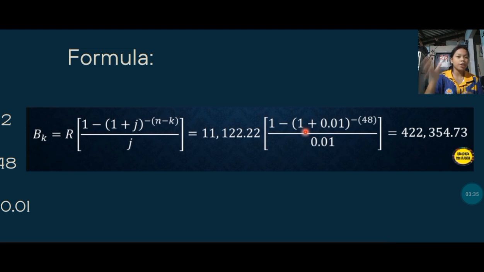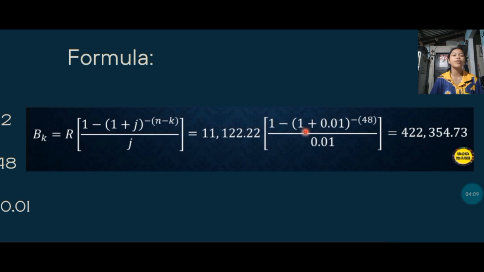We're just going to copy the bracket 1 minus the quantity 1 plus our j, which is 0.01, raised to the power of negative 48, since we already subtracted 12 from 60 to get 48.